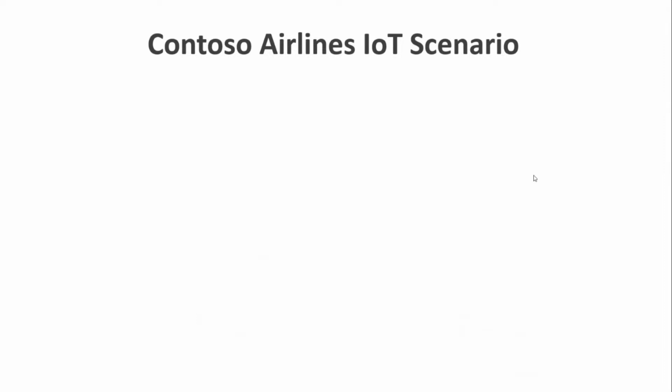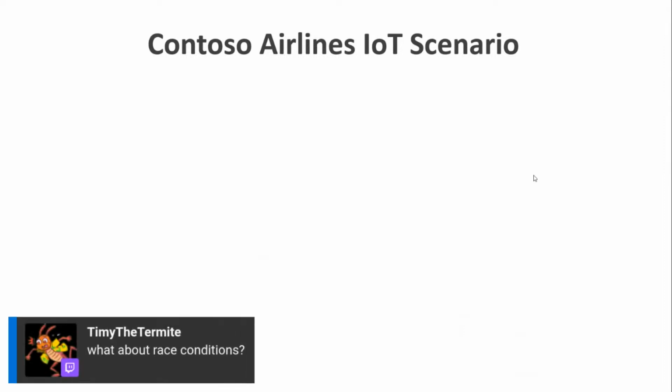Yeah, so let's try the first one here. We've got it from Timmy the Termite, and he wants to know about race conditions. What about race conditions when utilizing this particular architecture?